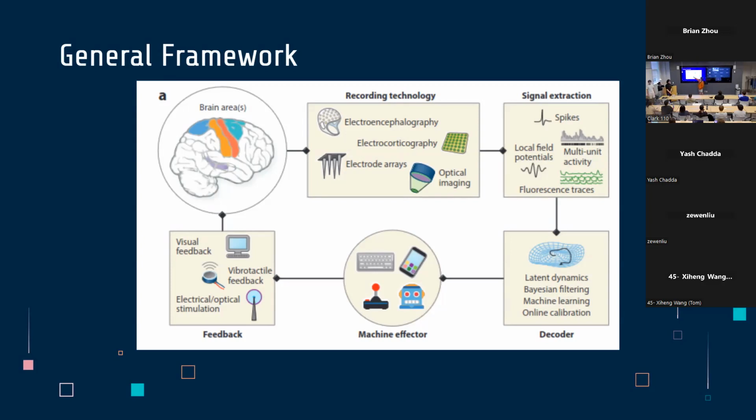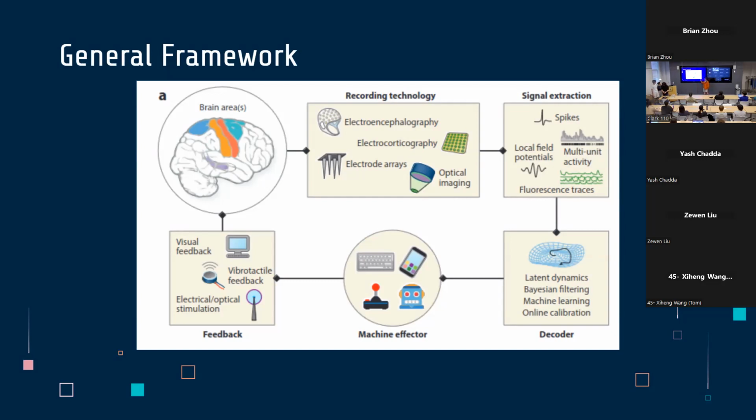After you pick the particular brain regions you want to record from, there are various recording technologies, and those can range from invasive neurotechnologies, which need surgery to implant the recording device, and non-invasive ones, things that don't require surgery. After you record all the brain signals, the next step is you have all this data, you need to extract certain features from it, and after you extract certain features, you can use algorithms to detect the user intention from the particular neural data.